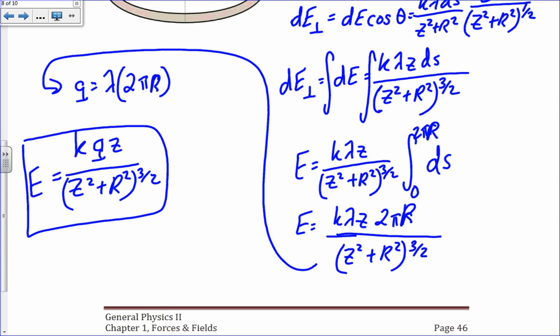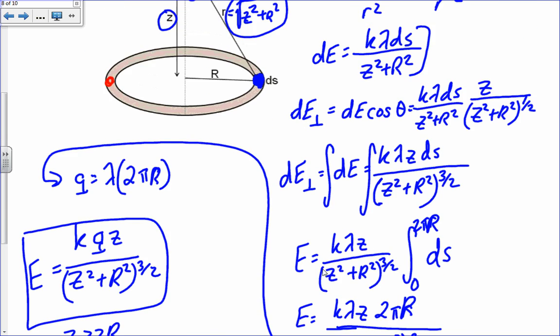Notice that if z is much, much bigger than R, then the R term becomes insignificant, and this simplifies to just kq over z squared.